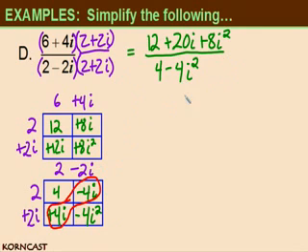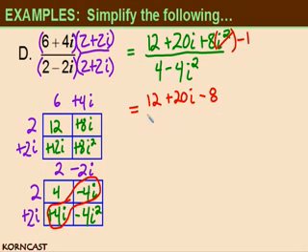Now, let's clean house. I know by definition of our imaginary numbers, i squared is really negative 1. So in our numerator, we're left with 12 plus 20i, 8 times a negative 1, which is negative 8, all over, well, again, by our definition of imaginary numbers, i squared is equal to negative 1.